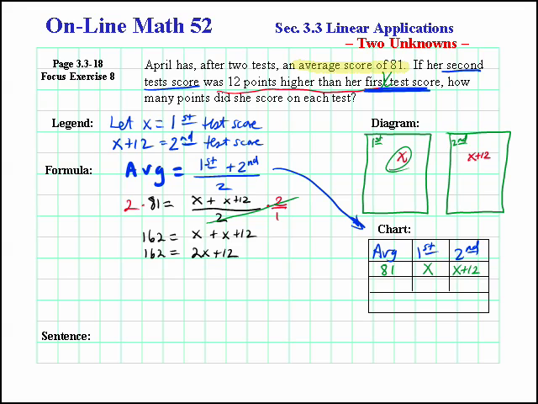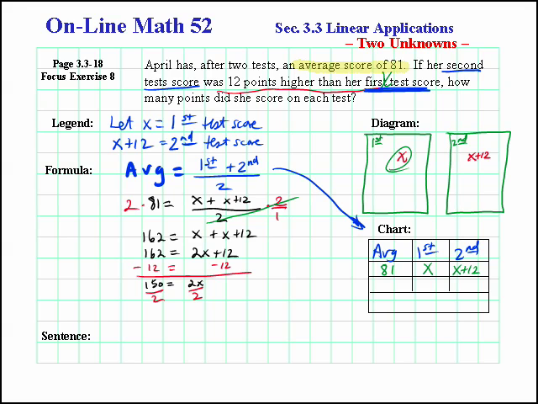And now we're ready to isolate the variable by first adding negative 12 to each side. Want to clear that constant positive 12 out from there. And we're left with 150 equals 2x. Divide each side by 2.